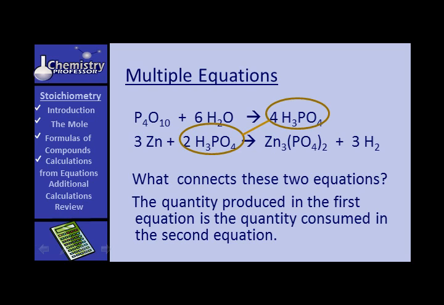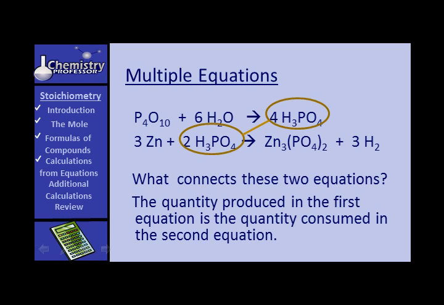Now you're looking at that and saying, but there's a 4 in front of the phosphoric acid in the first one, and there's a 2 in front of the phosphoric acid in the second one, so it has nothing to do with it. The 4 and the 2 have no relationship with each other. It is the quantity that is produced in the first that is equivalent to the quantity used in the second.